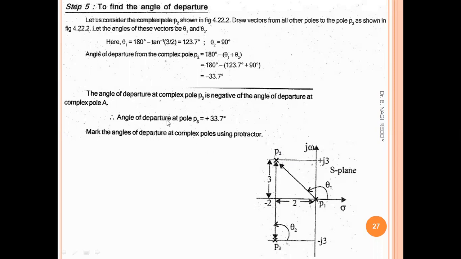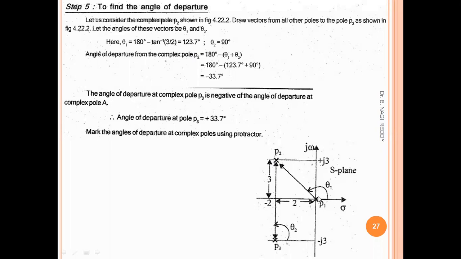If you substitute in the formula to calculate the angle of departure, the formula is 180 minus of theta 1 plus theta 2. Theta 1 is tan inverse of 3 by 2, so that is 123.7. And theta 2, we know it is a right angle triangle, so we can directly write 90 degrees.